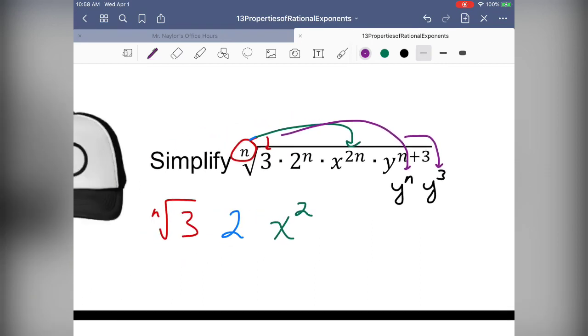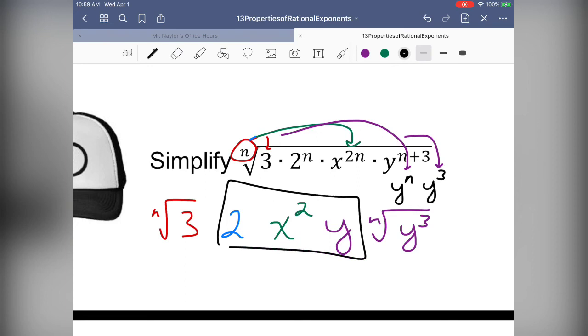And when they receive that root, once again, I'm going to divide. That's why the n's divide to become 1. And it doesn't look like I'm going to be able to divide too much with the last one. So instead, I'm going to leave it in radical form. Now, I've got 3 items that have come out of the radical.